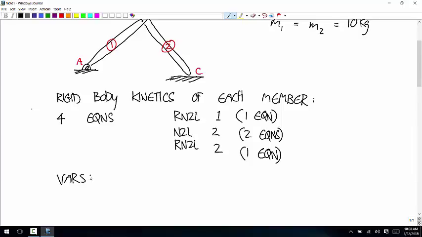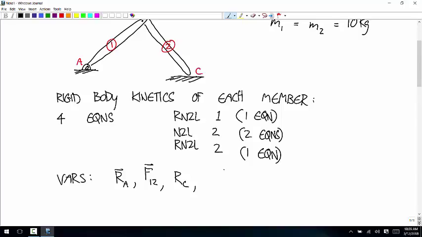So variables, well, we had the reaction force at A. We had the contact force between 1 and 2. We had the contact force at 3. So I'll call that RC. It's a scalar because we know the direction.